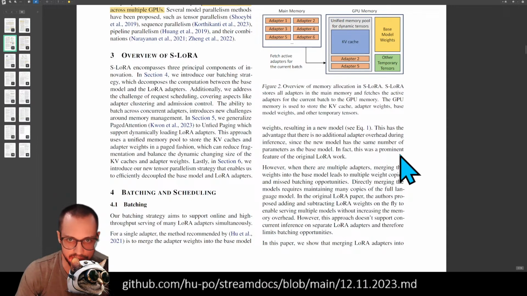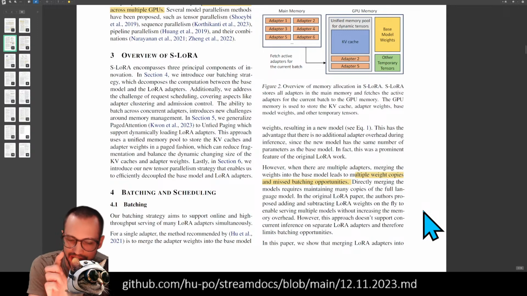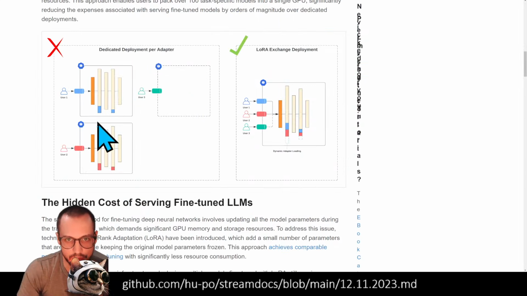However, when there are multiple adapters, merging the weights into the base model leads to multiple weight copies and missed batching opportunities. Now you have maybe 5 computers, each with their own GPUs, and if you looked inside each of them, they would have a lot of the same weights, because the LoRAs are only applied to some subset of the model parameters.